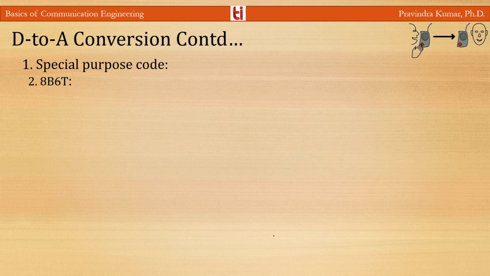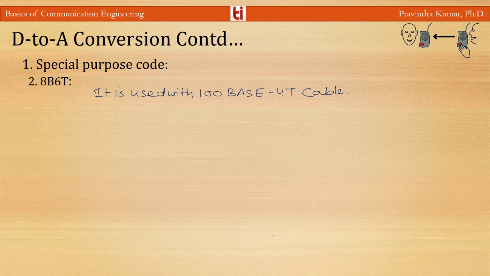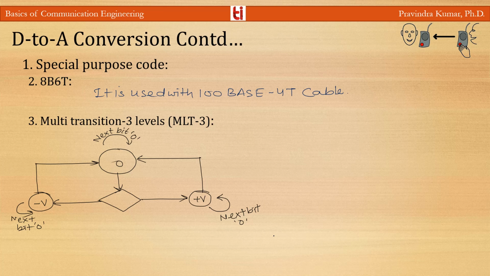Another type is 8B6T, 8 binary, 6 ternary, and it is used in 100BASE-4T cables. Another is multi-transition 3 levels, MLT-3. This scheme uses 3 levels, plus V, 0 and minus V, and 3 transition rules move between these levels.